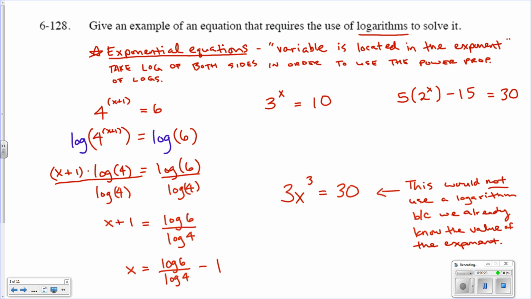Anything like that would not use logarithms. These ones definitely would. This one would, this one would, this one would not.